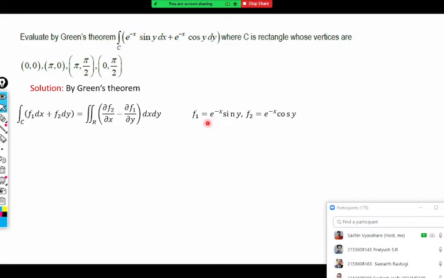Same answer, is it? No, sir. How no? Negative sign, sir. Yes, you are correct. Let me check. So it is minus e raised to minus x cos y. Okay, you are correct, so it is just the opposite sign. But here in the middle there is a minus sign, so this becomes minus and this is minus, and that becomes 2 times.